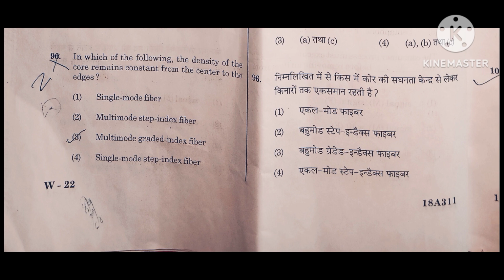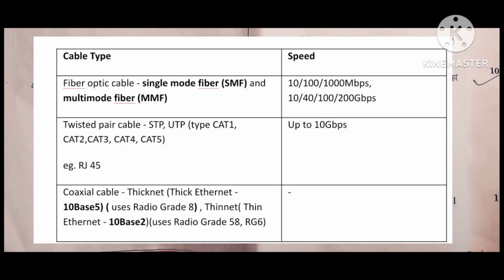Okay, so let's discuss about their differences. In twisted pair cable there are basically two types, unshielded twisted pair and shielded twisted pair. In coaxial cable there are again two types, thin net or thick net. Thin net is also called as 10 base 2 and thick net is called as 10 base 5.